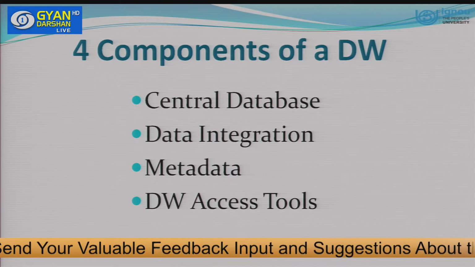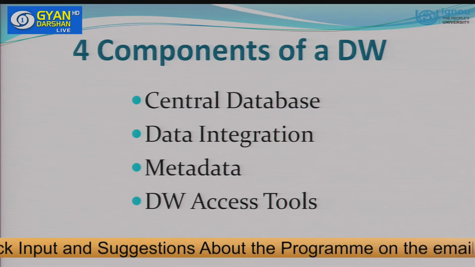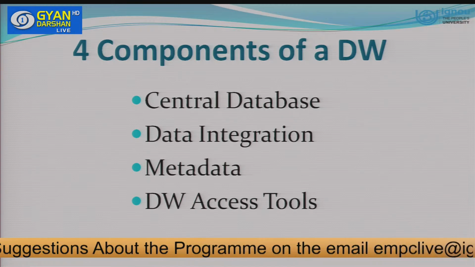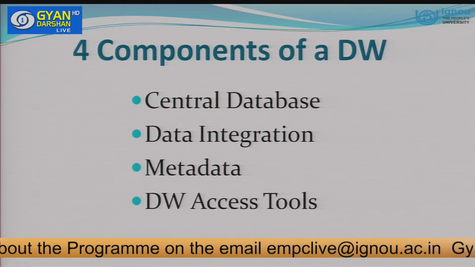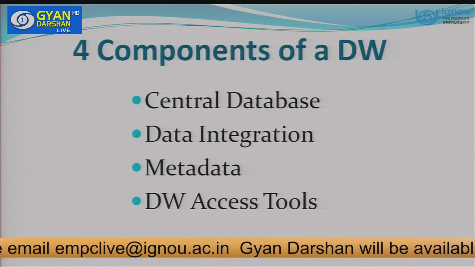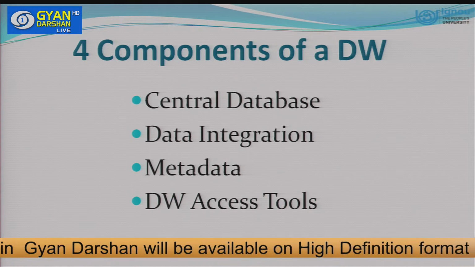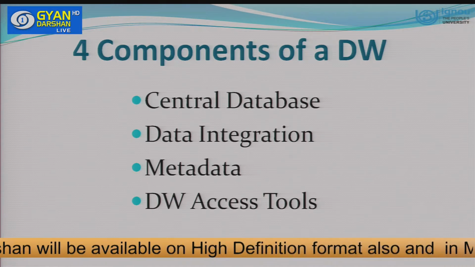So here we can talk about 4 components of a data warehouse. The first primary component is the centralized database. The organization's centralized database constitutes the first component of the data warehouse. Then comes the data integration part. Today's main focus of this session is on the data integration part.